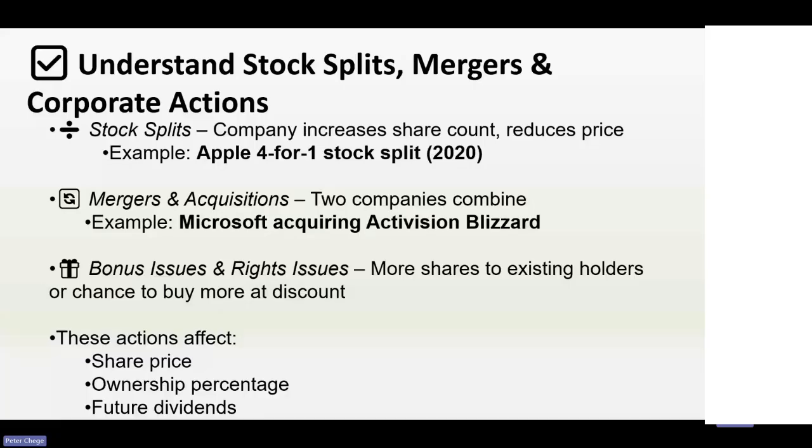Then there is a rights issue. Rights issue is where a company gives existing shareholders additional shares at a discount. So you buy additional shares at a discount. Let's say a company wants to raise capital. They are already listed through IPO.